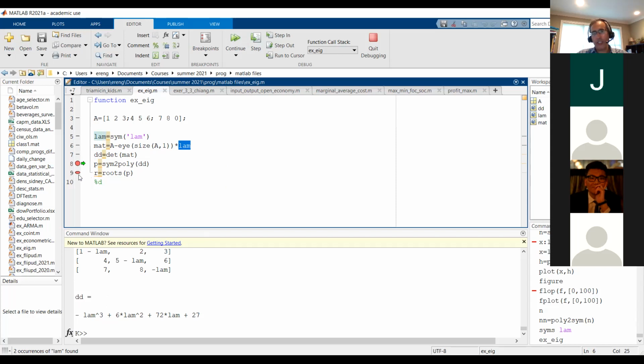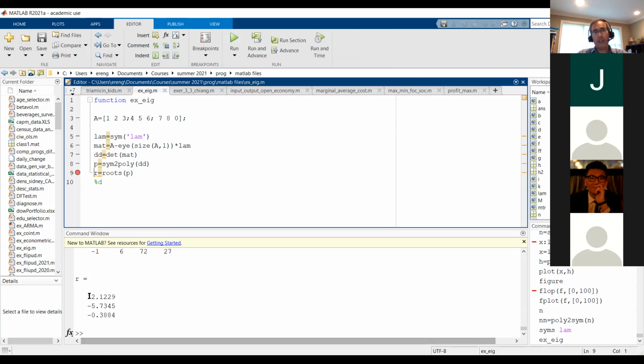What we need to do then is transform this one with sym2poly, which transforms the symbolic into a MATLAB way of reading the polynomial: constant, lambda, lambda squared, lambda cubed. And then you find the roots.